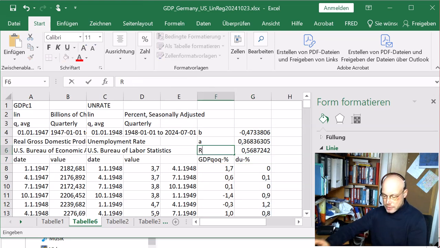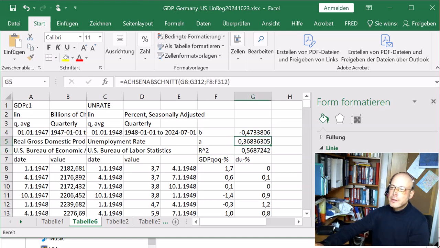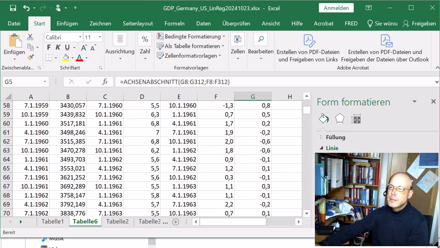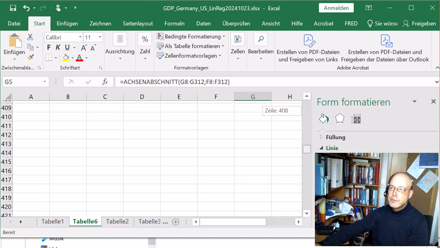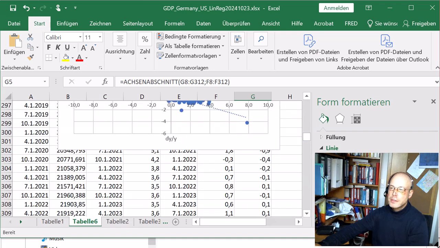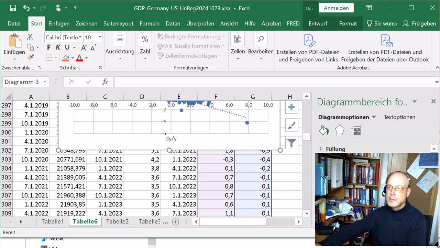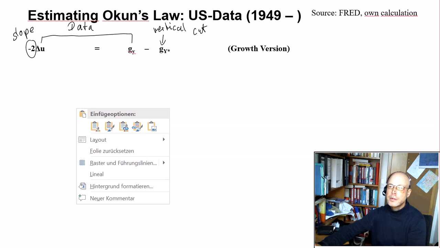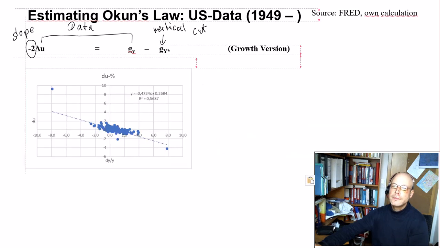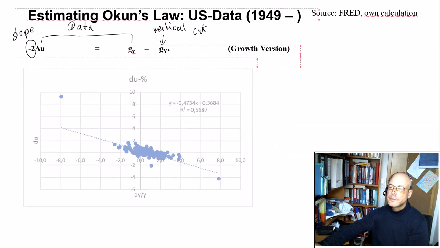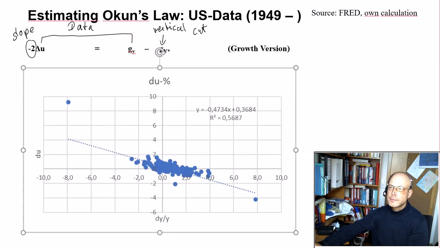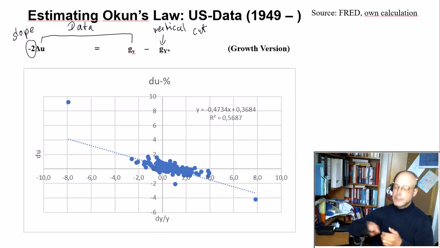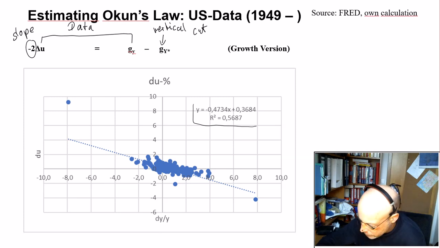And this is then R squared. So you can do it like this, or you can do it in the graphical representation. And this I will cut. And then let's put it here. So this is our regression.